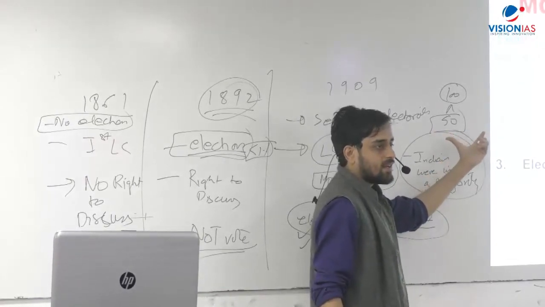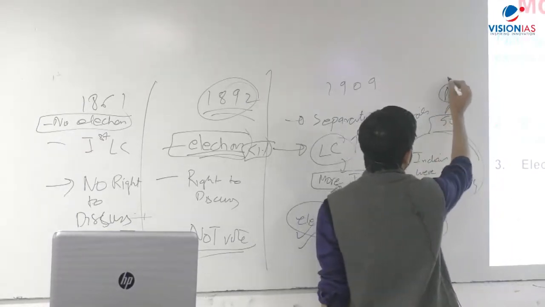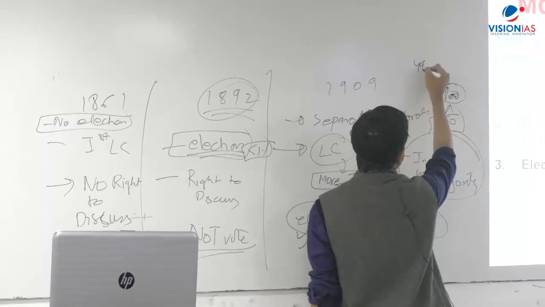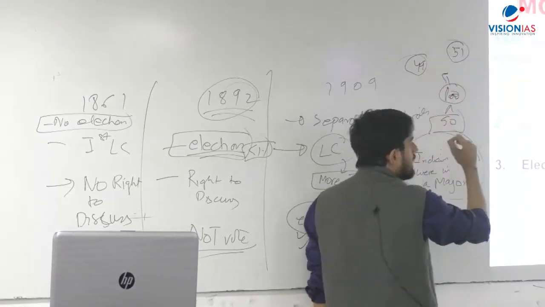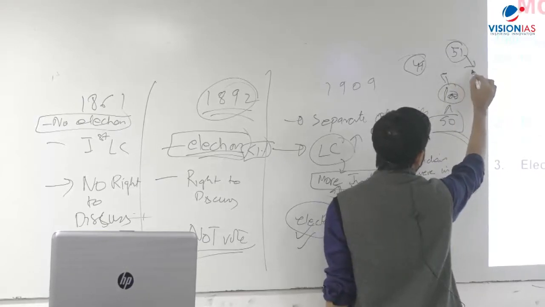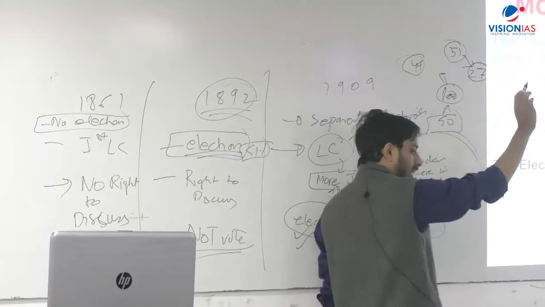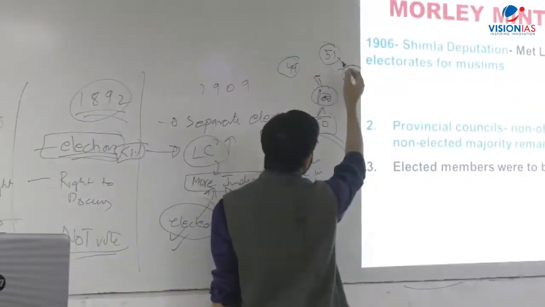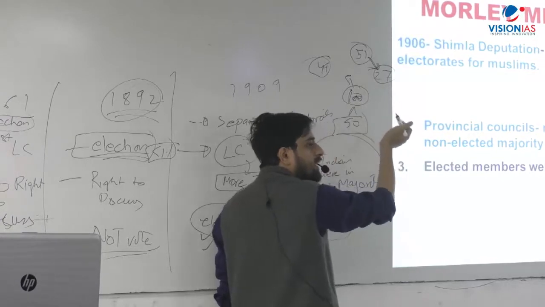Basically what happened was that out of these 100, say 49 were British and 51 were Indians, but out of these 51 Indians, only 26 or 27, I'm just giving you random figures, were to be elected.